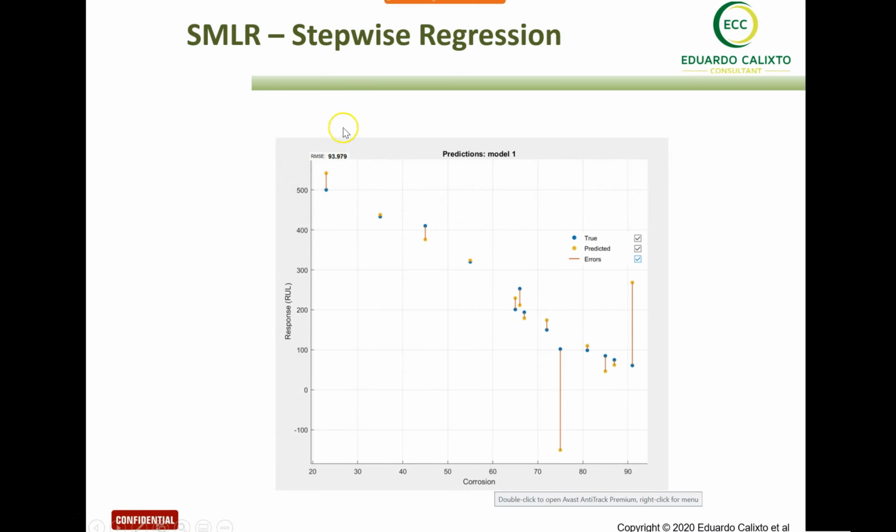The model gets a root mean square error of 93%, and that's a representation of the difference between the true value and what is predicted by the model. How we get this value is based on applying the MATLAB software, or even some other language such as R and others.